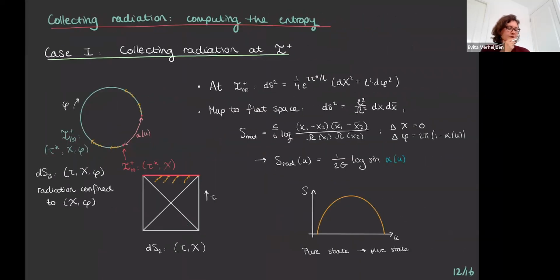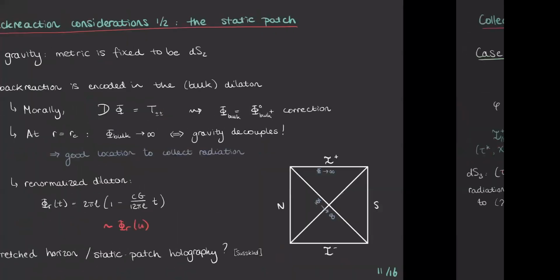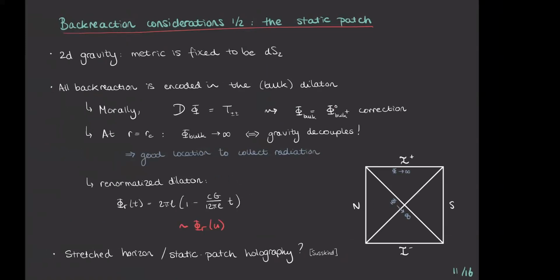Okay, so let's start with future infinity. Can I ask you a question? Of course. This statement about the dilaton blowing up was while approaching the horizons from scri plus, right?